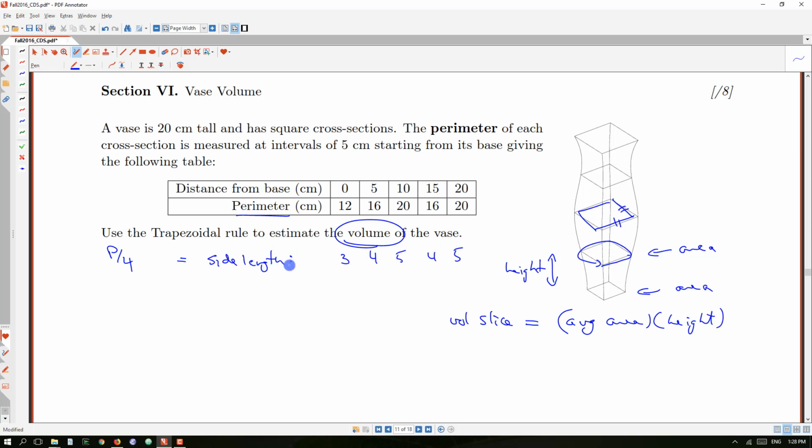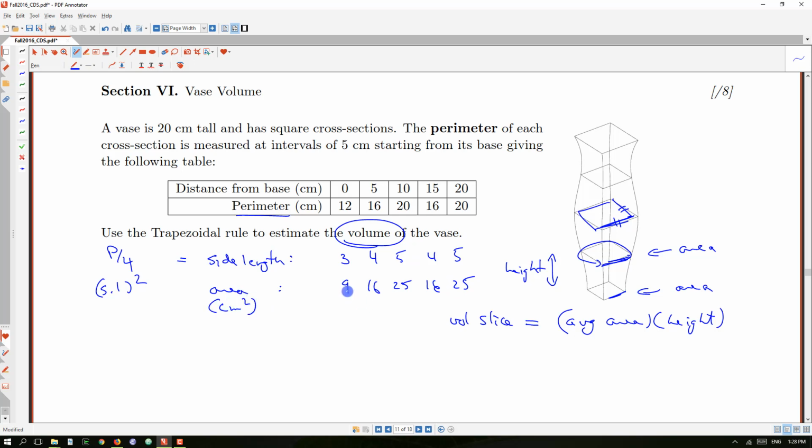So we can get the side lengths on each of these squares. And of course, once we have the side lengths, we can get the area, which is the side length squared. So that'll be each of these elements squared. Notice the units now of area will be in centimeters squared.